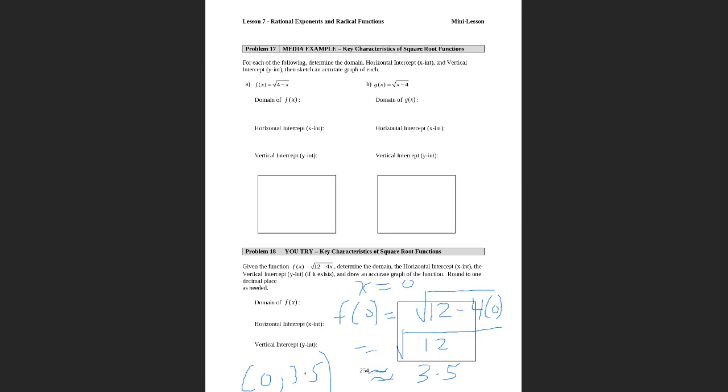Now, if you want to get a graph for this, you can go to the calculator. Because you have the y-intercept and the x-intercept, you know the y-intercept is right here, 0, 3.5, and the x-intercept is 3, 0. So my x-intercept is 3, 0, and the y-intercept is 0, 3.5.